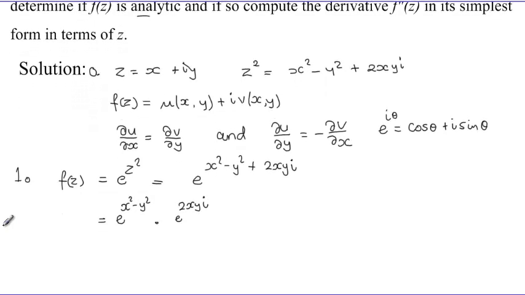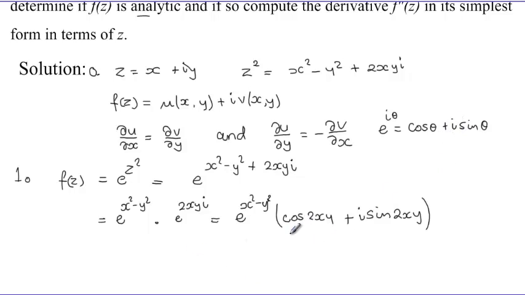Because of that, this is further simplified to e to the power x squared minus y squared, and in brackets we have cos 2xy plus the imaginary unit times sine 2xy, according to this identity.